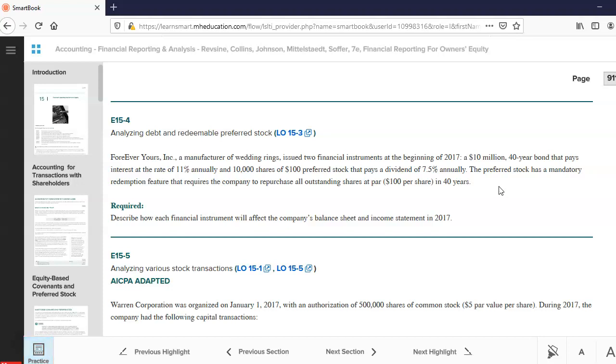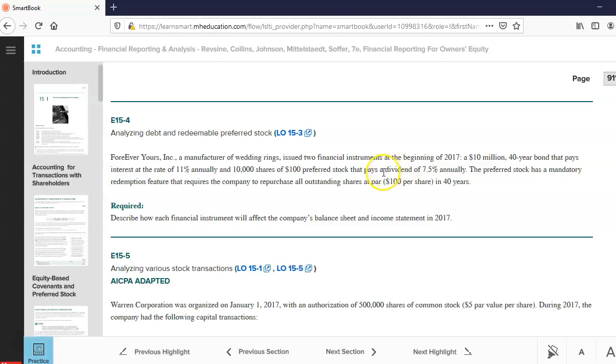So this is truly long-term debt. And because we're going to classify it as debt, the annual payment is now interest expense. So it'd be 10,000 shares at $100 par, at 7.5%, and that works out to $75,000 worth of interest expense annually.